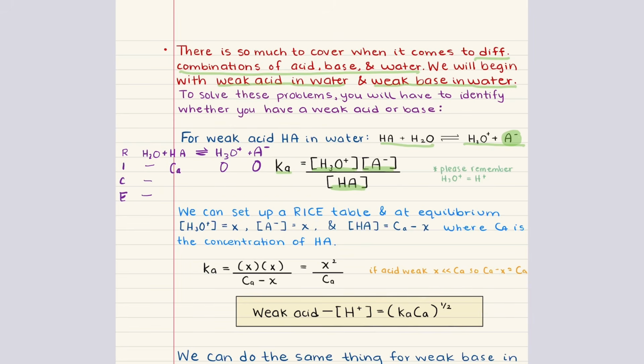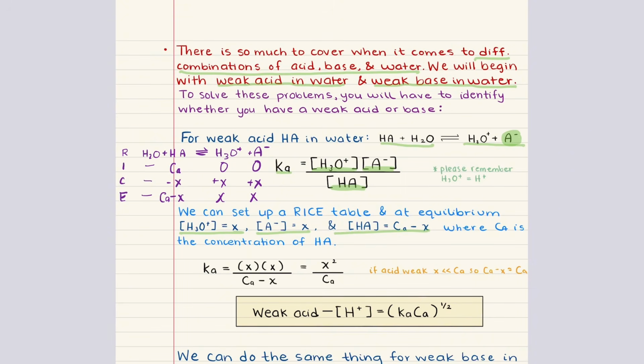But of course, as the reaction proceeds, some amount X of the weak acid dissociates, and it produces X hydronium ions and X conjugate base ions. At equilibrium, the hydronium concentration is X, and the conjugate base concentration is also X. And the remaining weak acid concentration is going to be C_A minus X.